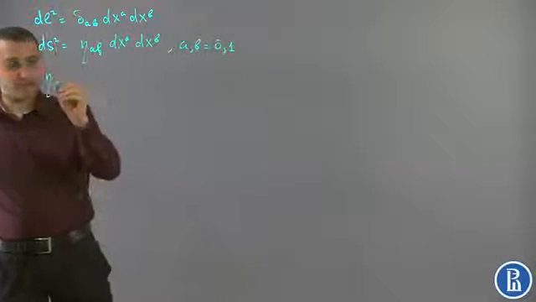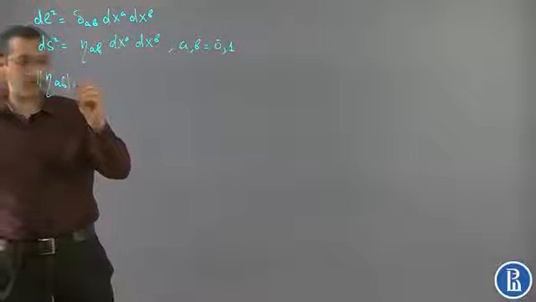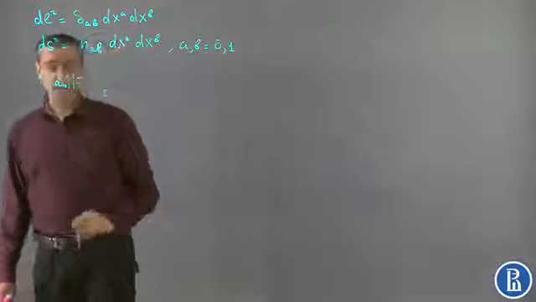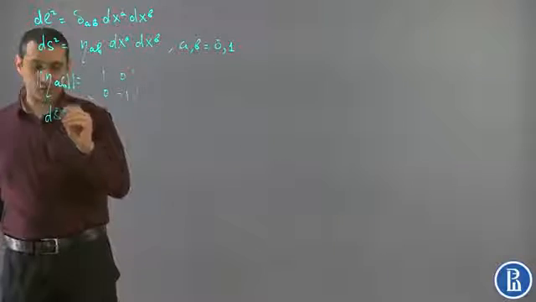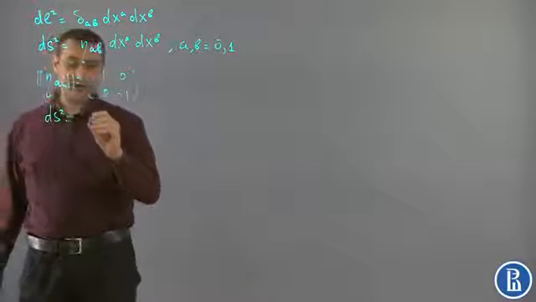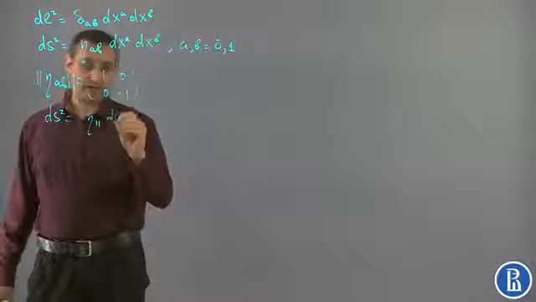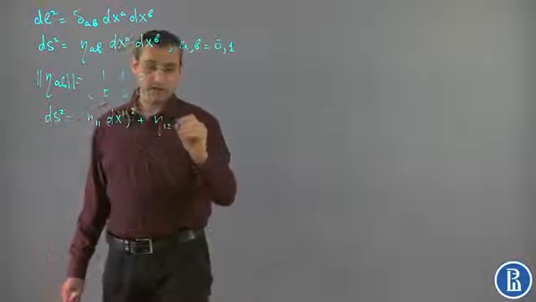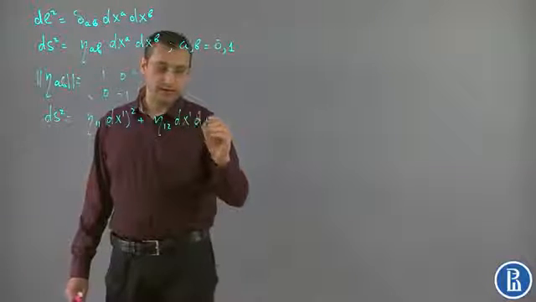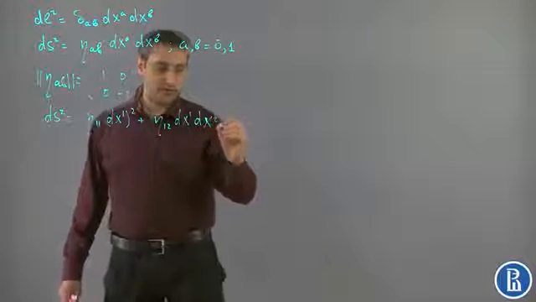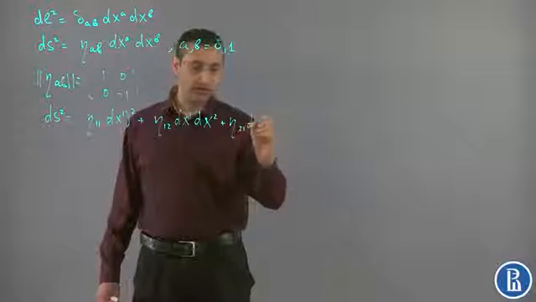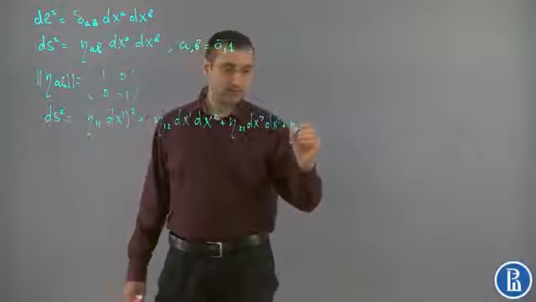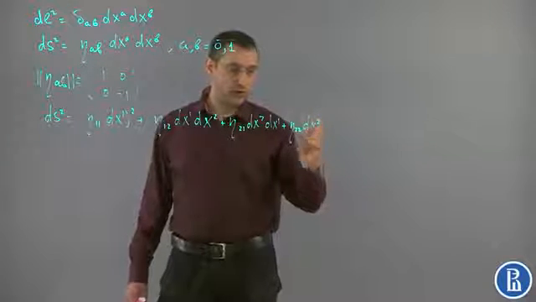This metric tensor has the following matrix: 1, 0, 0, minus 1. And as a result, ds squared is just η_11 dx1 squared plus η_12 dx1 dx2 plus η_21 dx2 dx1 plus η_22 dx2 squared.